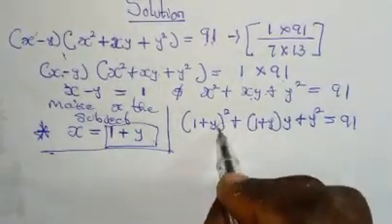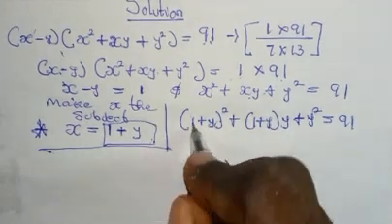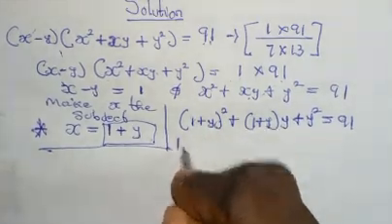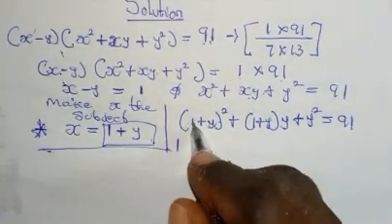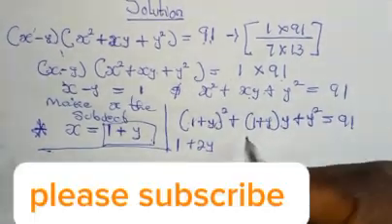So using the algebra property here also, we are going to have 1 squared which is 1, 2 times 1 times y which is 2y, and y squared.